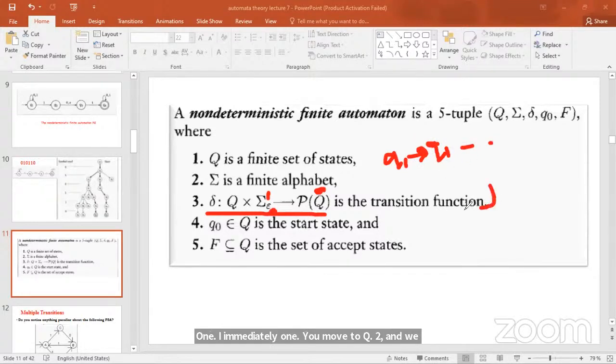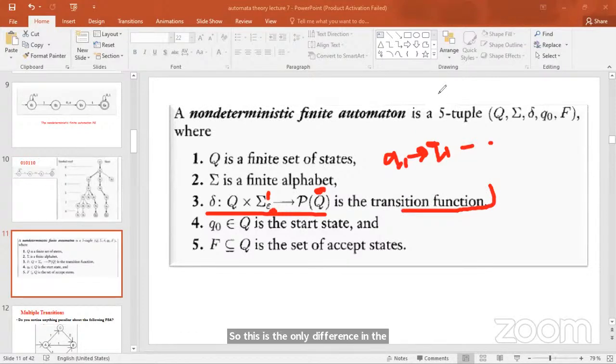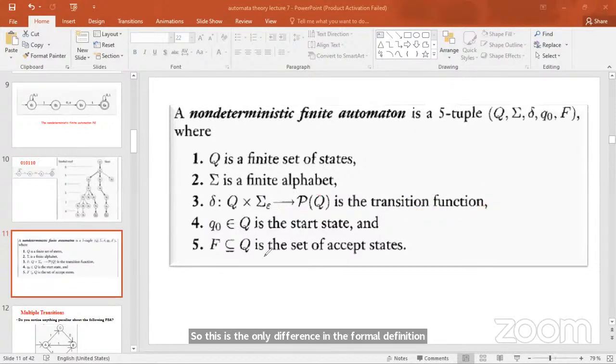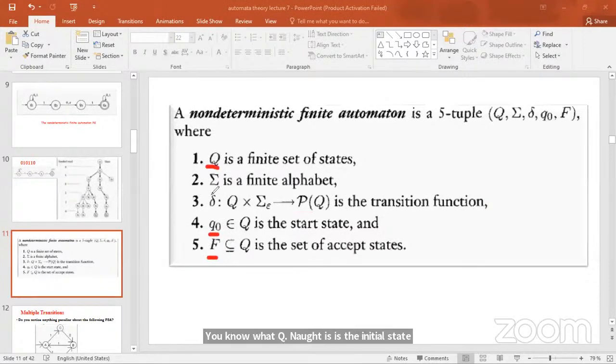So this is the only difference in the formal definition of a non-deterministic finite state automaton and a finite state automaton. And sure, you know what F is, a finite state. You know what Q naught is, the initial state. You know what Q is, a set of states. You know what E is, a finite set of alphabet or symbols, right?